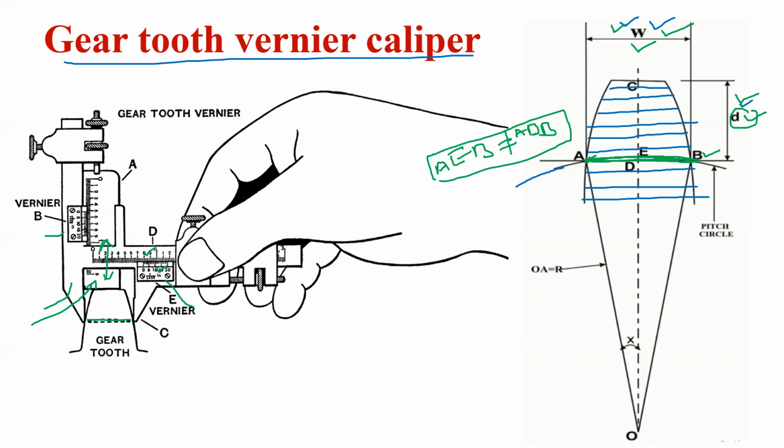We can derive the expression theoretically, and then you compare with the practical value. The gear tooth vernier calipers will give us the practical value of the gear tooth thickness, that is ADB. Then you compare with the theoretical value. If there is any error, that indicates there is an error in the gear tooth thickness.